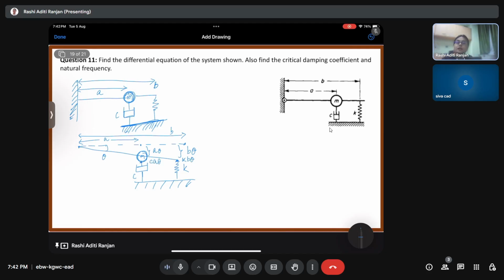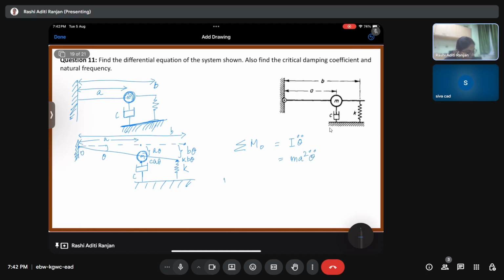Again, if we are considering the movement in terms of theta, we need to find the moment of inertia, and then we need to find the moments. So we have the moment about O, which is this point, as nothing but I theta double dot, which is m a square into theta double dot.